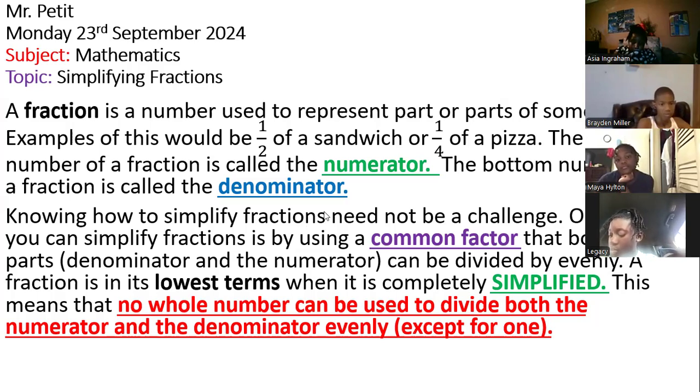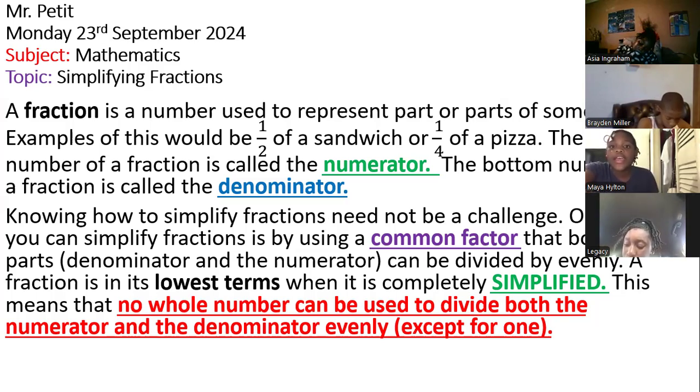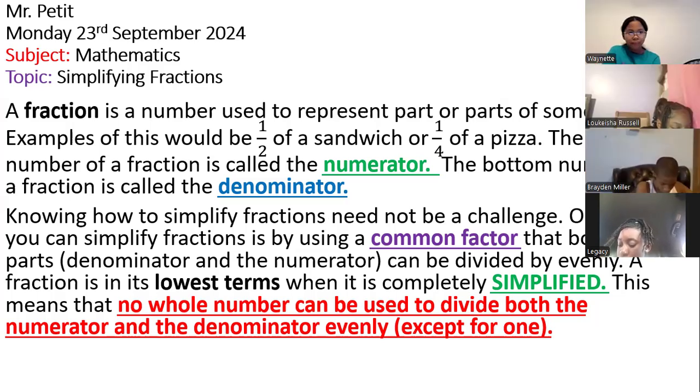All right, so go ahead, Maya. Maya, can you read the two paragraphs for me? A fraction is a number used to represent part or parts of something. Examples of this would be 1/2 of a sandwich or 1/4 of a pizza. The top number of a fraction is called the numerator. The bottom number of the fraction is called the denominator. Knowing how to simplify fractions need not be a challenge.